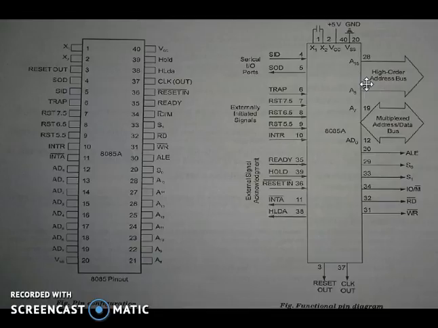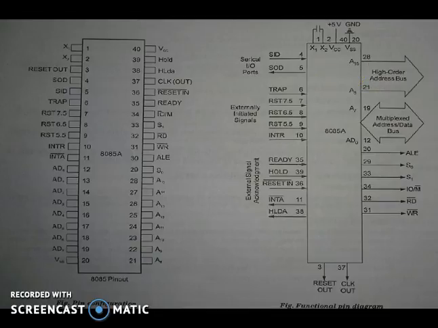In executing an instruction during the earlier part of the cycle, these lines are used as the low order address buses, and during the later part of the cycle, these lines are used as the data buses. This is known as multiplexing of the bus.